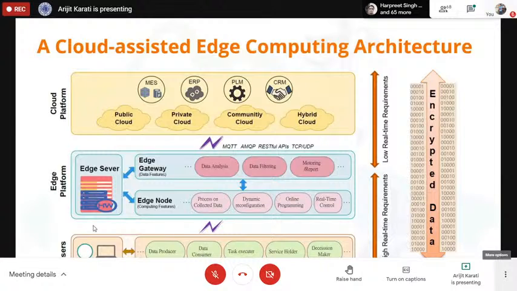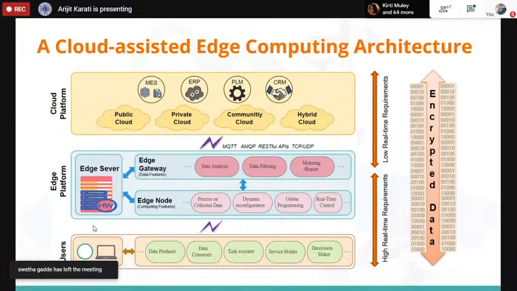The top layer is the cloud platform, which offers various applications that cover design, manufacturing, management, and maintenance. Legacy manufacturing execution systems, that is MES, and ERP, that is enterprise resource planning, product lifecycle management, that is PLM, and customer relationship management, that is CRM.